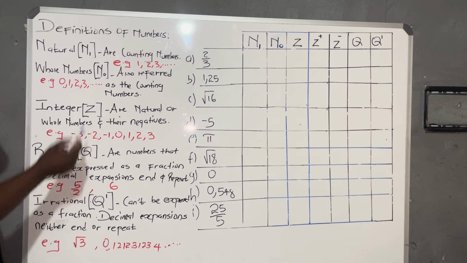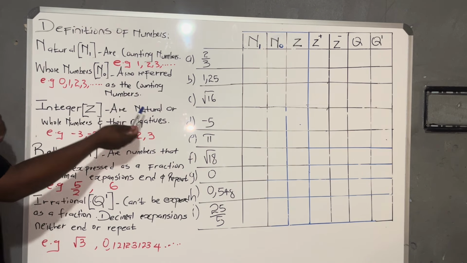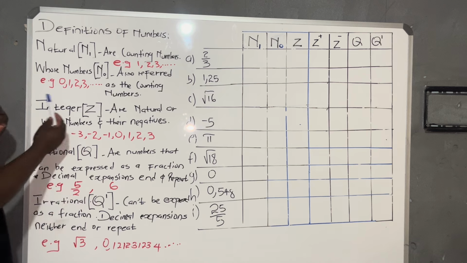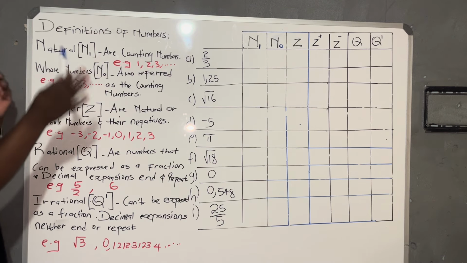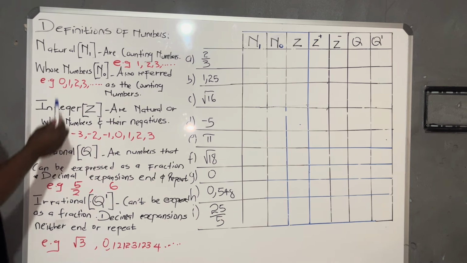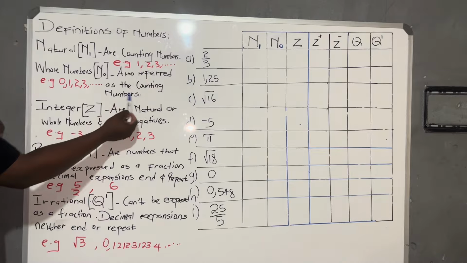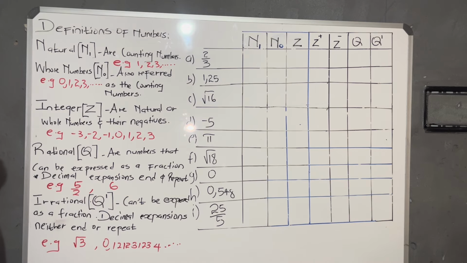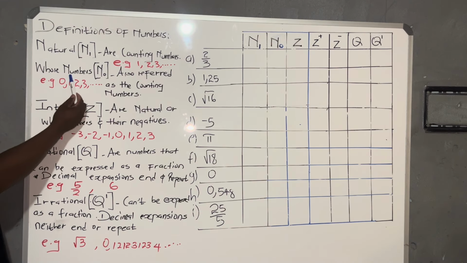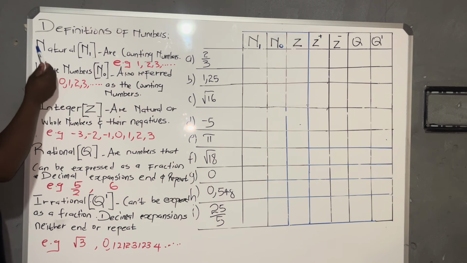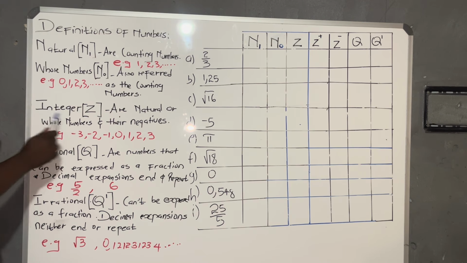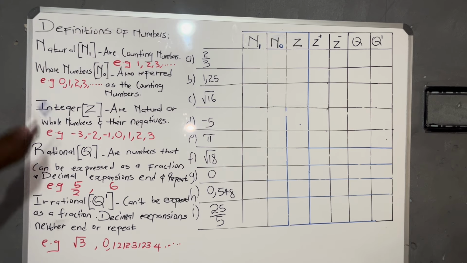If I'm counting human beings, learners in class, 1 will be used. So hence we accommodate 0, but in a different scenario. So whole numbers are also referred to as counting numbers. I hope this is clear. But the difference between the two is that whole numbers start with 0, however natural numbers start with 1. Done. The next one, if you didn't understand, or maybe I'm too fast, you can always go back.